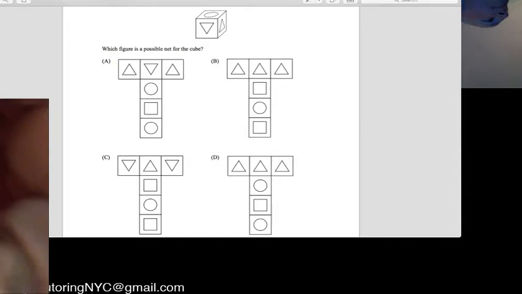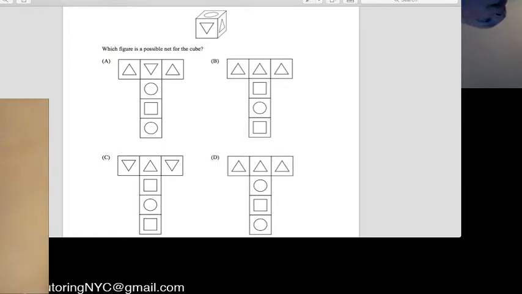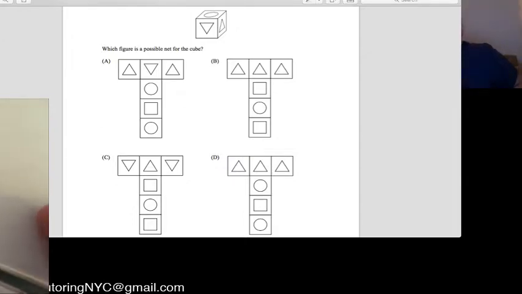Turn your test paper upside down. Draw the diagram. Okay? And then turn your test paper back around. Don't turn your scrap paper upside down. Turn your test paper back around. Now try to find which one matches it.